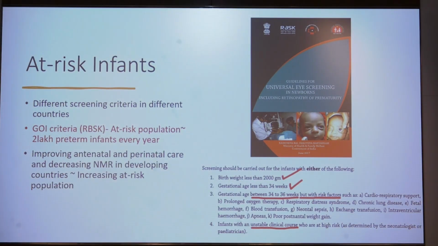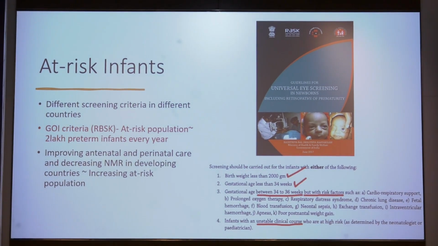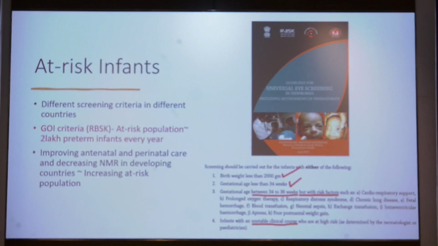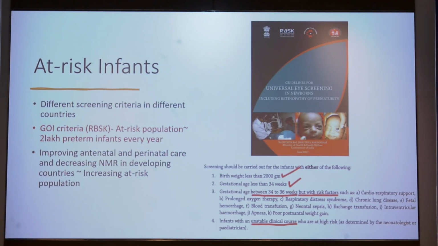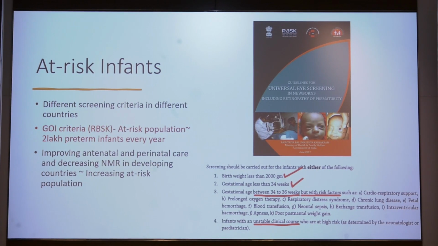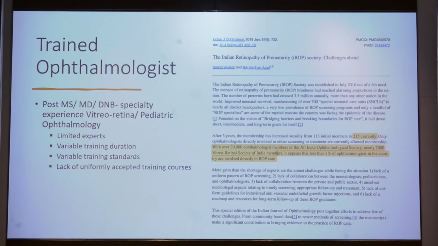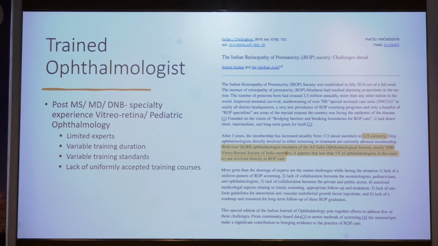As per the Government of India guidelines, there are 2 lakh preterm infants born every year who need to be screened. That's a huge number. And the number of trained ophthalmologists to screen those 2 lakh new infants every year is only 215 as per the Indian ROP Society registration data. So only 215 ophthalmologists are trained in screening and management of ROP.